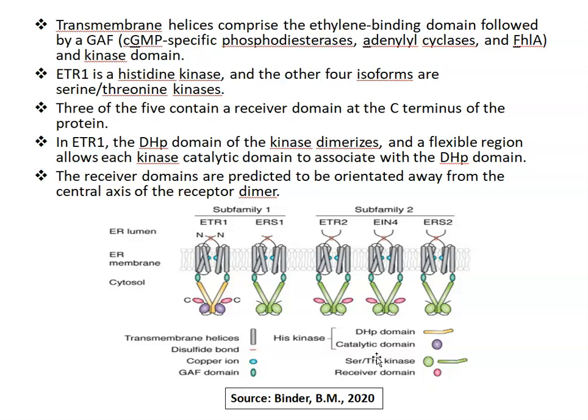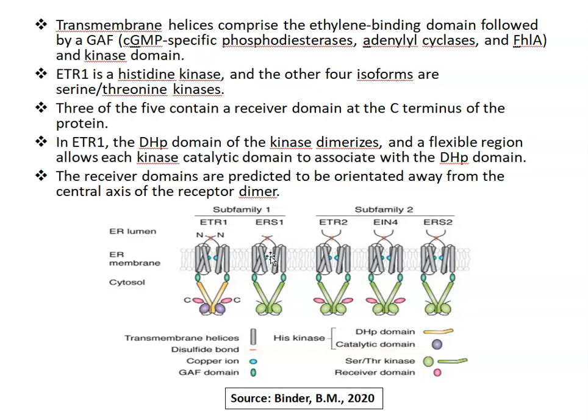So ETR1 is a histidine kinase and the other 4 isoforms, that is ERS1, ETR2, EIN4, ERS2, are all serine threonine kinases, right?